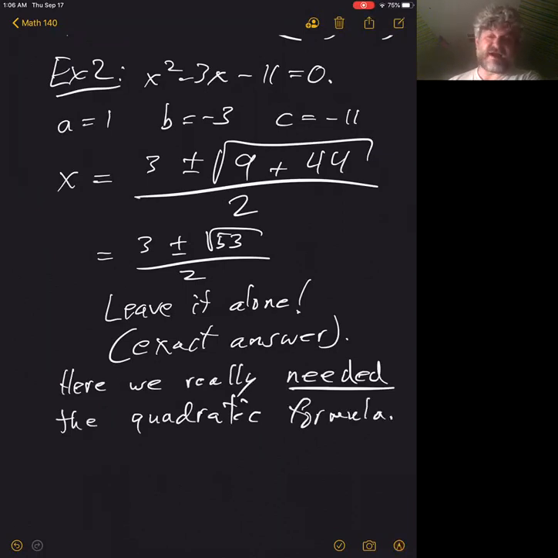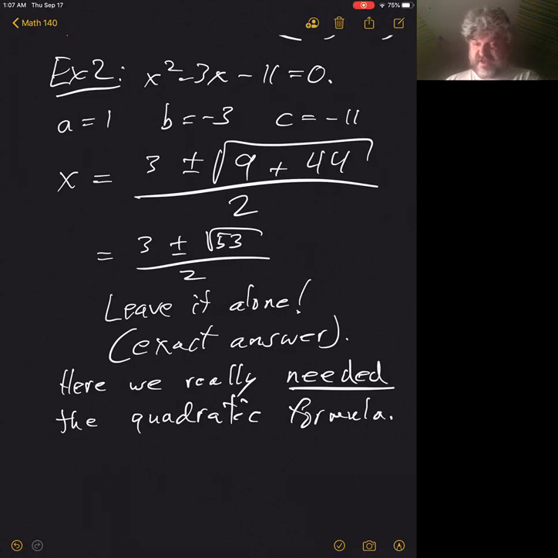If you had tried factors of 11, -11, well, there's 1, there's 11, and -1, -11, and none of them would have worked. So if this ever happens to you, do not give up. Just go to your quadratic formula if you didn't try that in the first place.